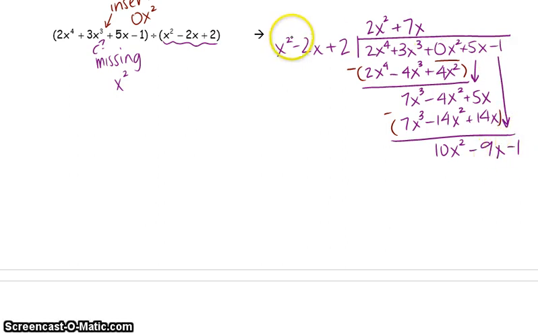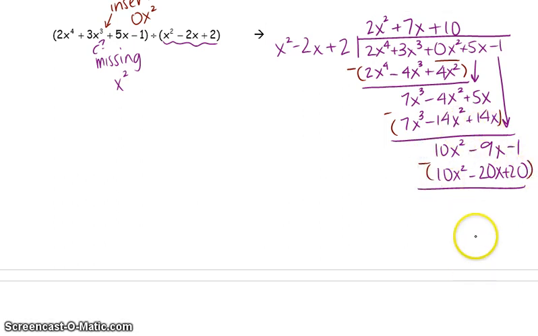And we say from x squared to 10x squared, oh, that's a positive 10 that we'd have to multiply by. So we distribute this 10 to each term here. So we'll have a 10x squared minus 20x plus 20. Remember, we are subtracting again, which leaves us with our 10x squareds cancel.